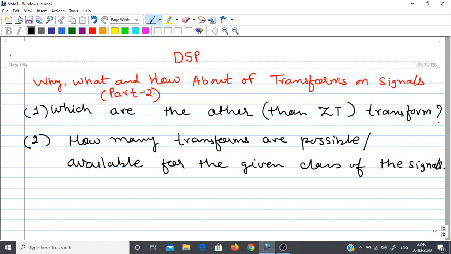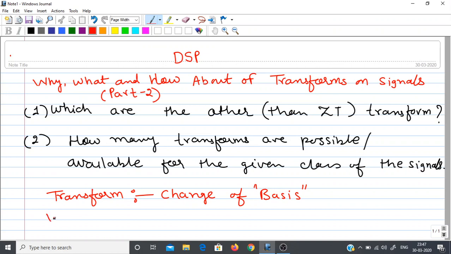So in short, transform is nothing but change of basis.